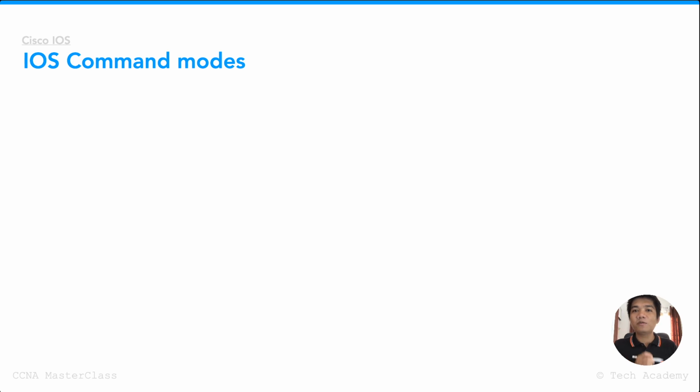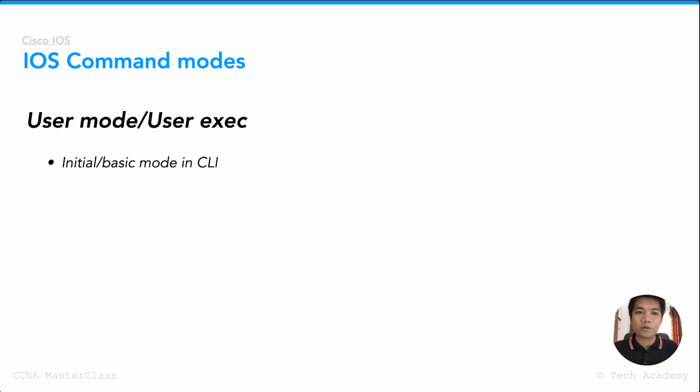Right? So the very first mode when you log into a Cisco router or switch is what we call user exec mode, or user mode. Okay? So basically, that's the default. That's why you're at the outermost layer, or outside of the command hierarchy of the routers or switches. This means that through user mode, you can only do basic things.